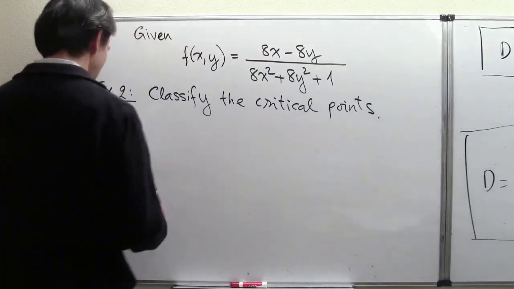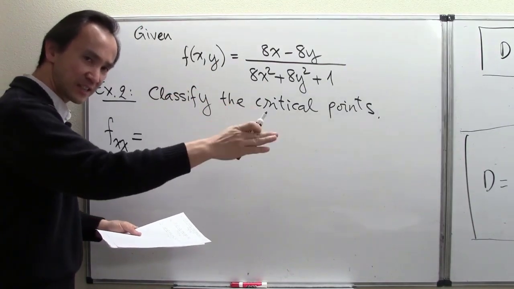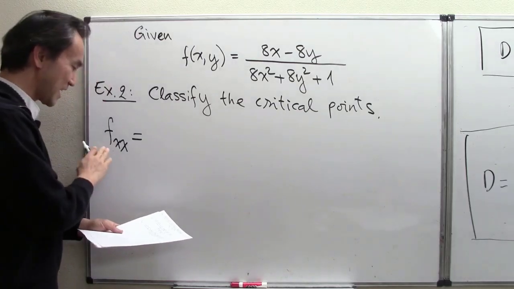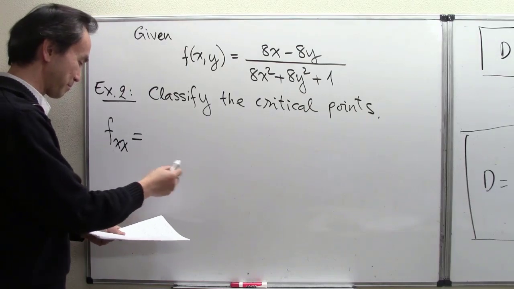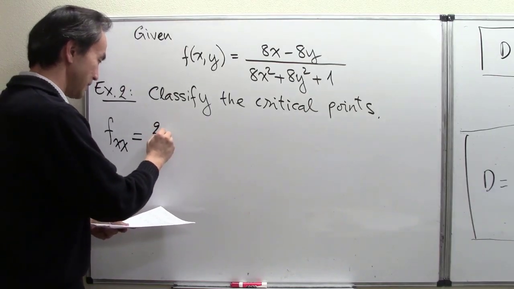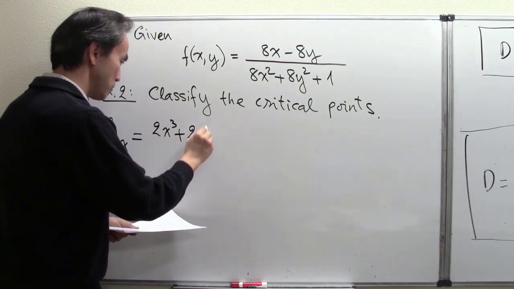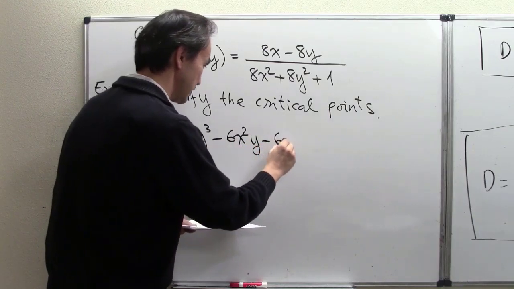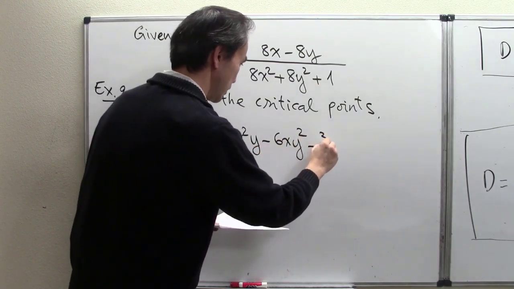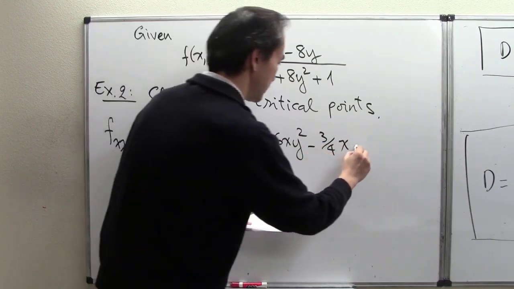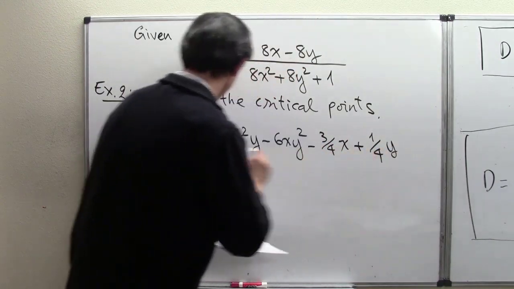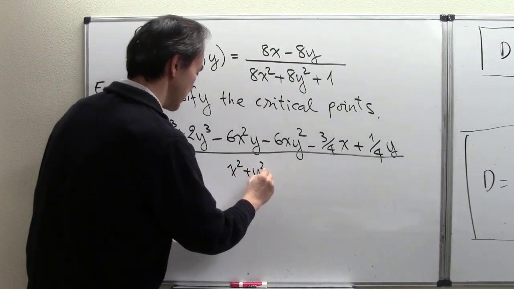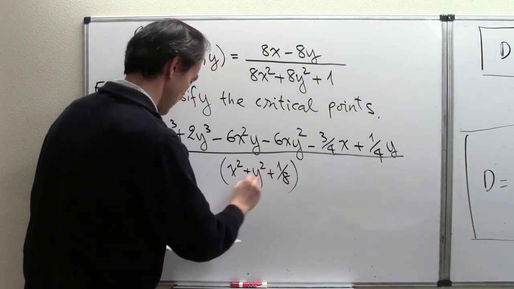So now for our function, we already found f sub x and f sub y earlier. Now f_xx, this is what I found right here: 2x cubed plus 2y cubed minus 6x squared y minus 6xy squared minus 3/4 x plus 1/4 y, all over x squared plus y squared plus 1/8, cubed.